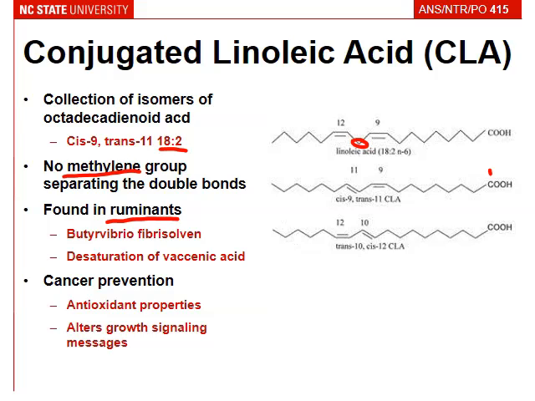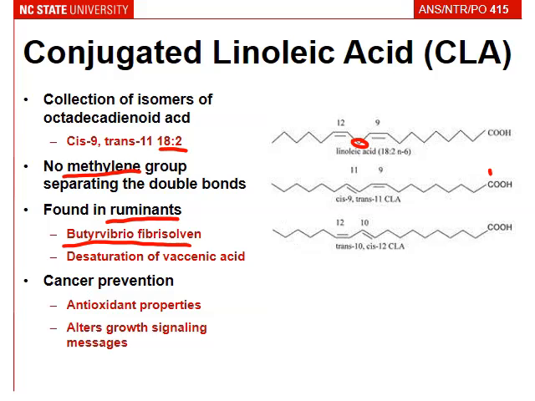Ruminant products have higher amounts of CLA, and this is mainly coming from the butyrivibrio fibrisolvens microbe found within the rumen that synthesizes the CLA. You can also get this by the desaturation of vaccenic acid.